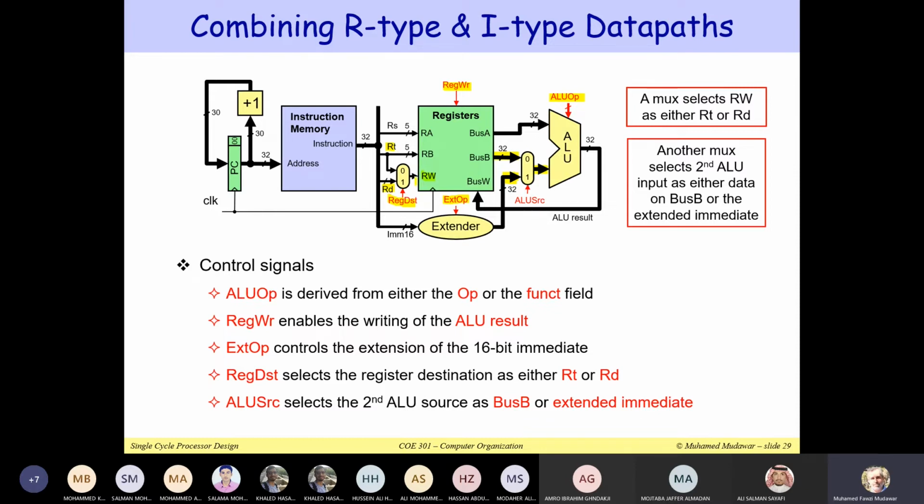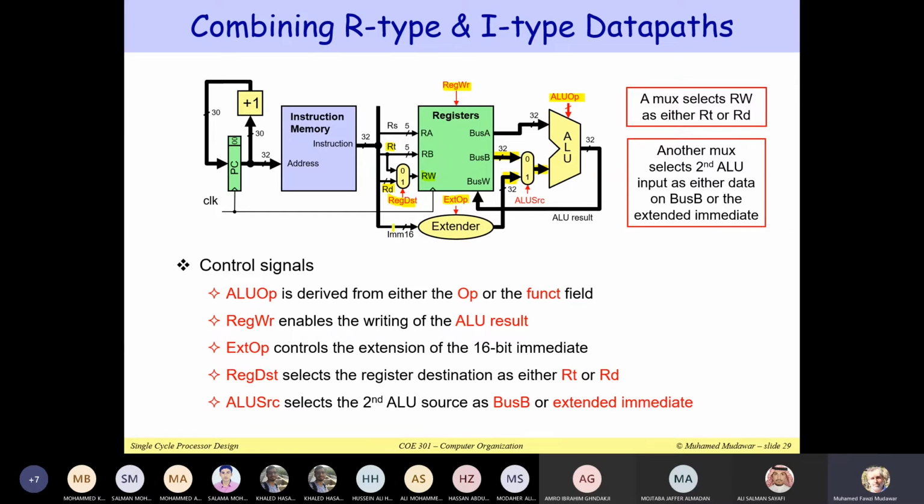Depending on the instruction, if it is R type, then register destination should be 1 because we have to write to register RD. And if it is of the immediate type, we make register destination 0 because we have to write to register RT. So now it works. You can see that I can now control whether my destination register is RT or RD, and it all depends on the opcode.